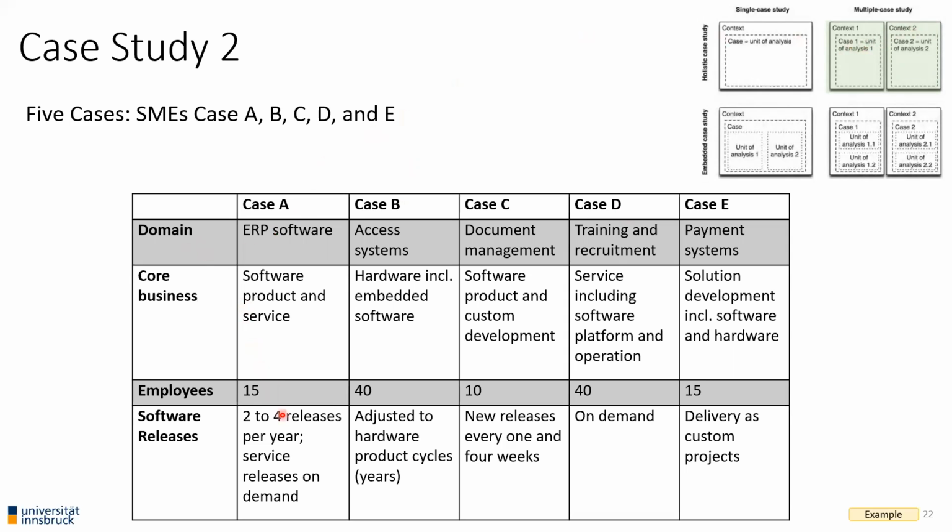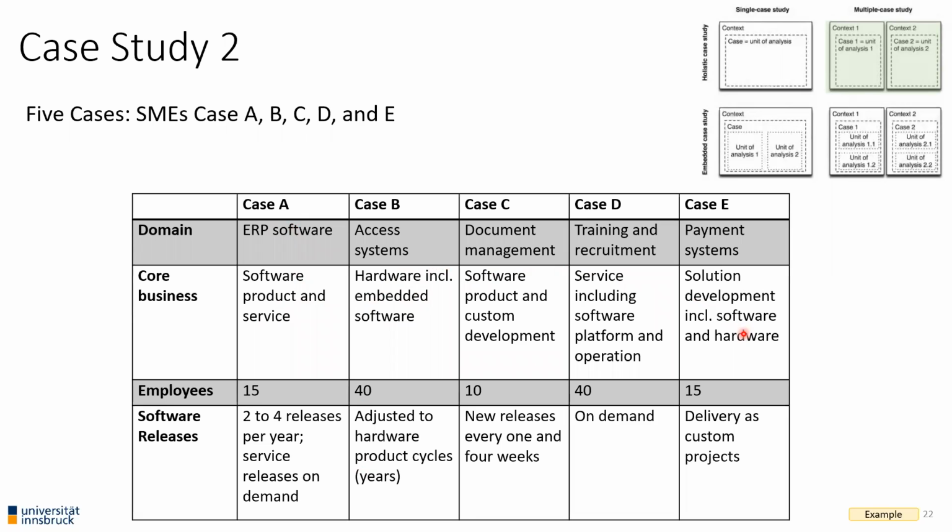We extracted data here, and the cases were selected by number of employees, the core business, the domain, and the actual process, how it is applied. The cases were also selected in the sense that we have different domains, with some development that is more embedded, other that is more agile, right?